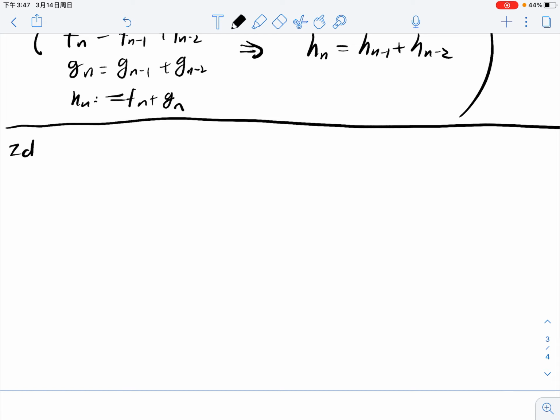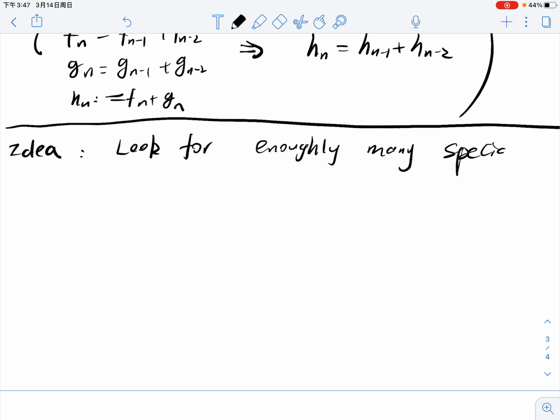Okay, and if you note this, then how do we derive some idea for the closed form? So the idea is we look for enoughly many special solutions to the recurrence relation.